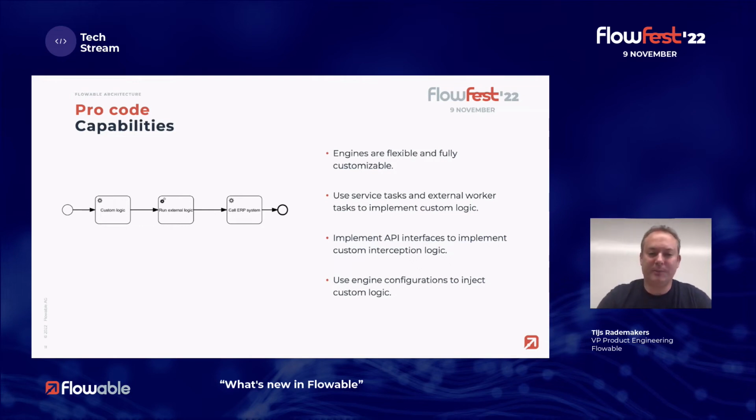If you would really want to, you could even override how a user task works in BPMN, because that's something we open up. But on the more normal and well-used level, we have a lot of API interfaces that you can implement to add a bit of interception logic, for example, to an HTTP request, to an HTTP response, to an execution listener or to a task listener. So there are a lot of possibilities to work with custom logic in Flowable.